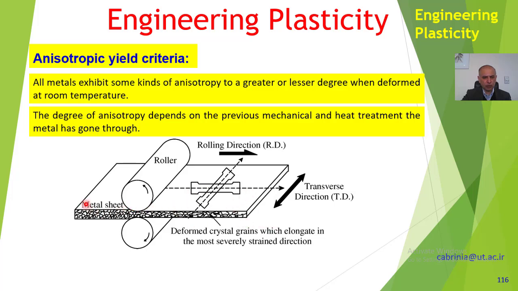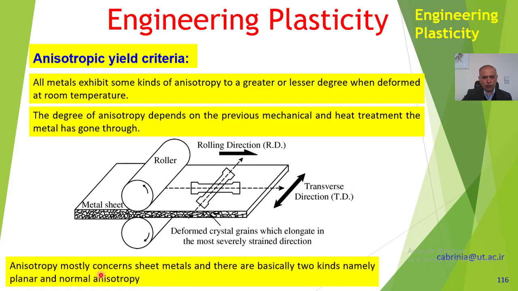For instance, this metal has undergone flat rolling, so it experiences some anisotropy. Also, in previous operations, this material has gone through heat treatment. So the heat treatment and the mechanical work which has been done on this sheet determine the degree of anisotropy.